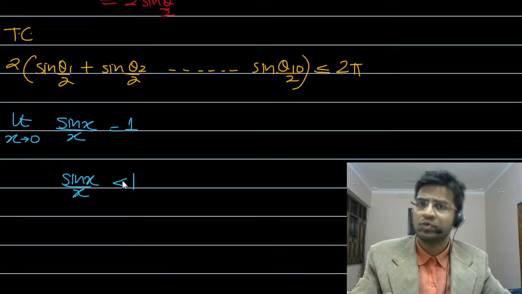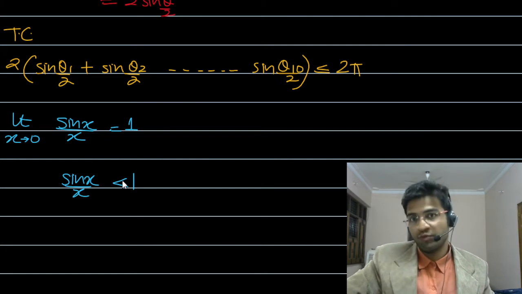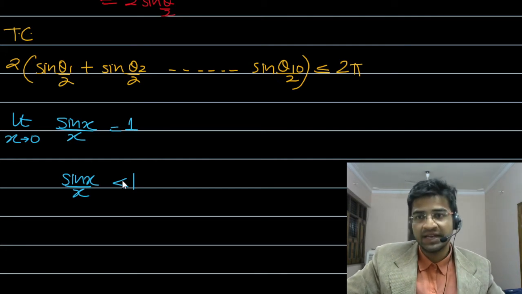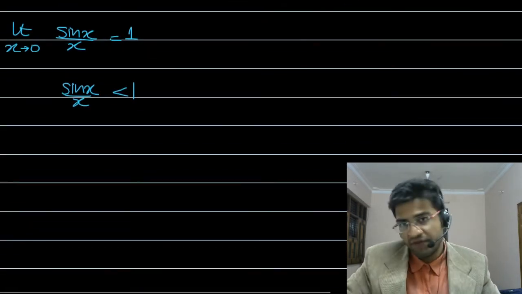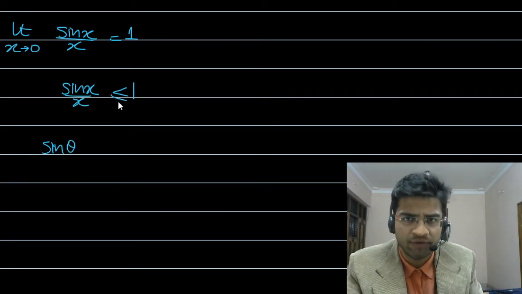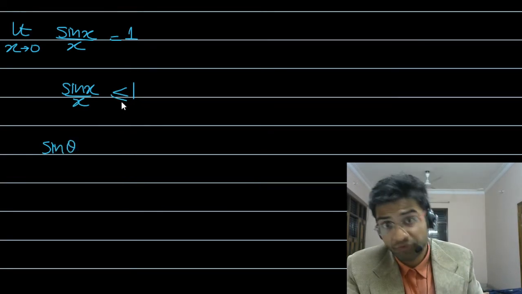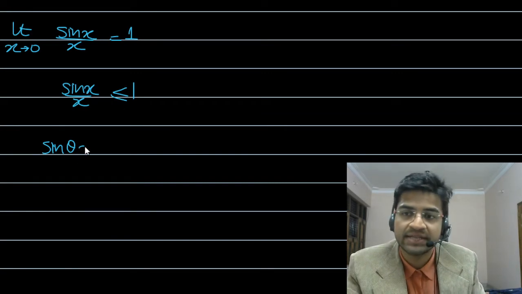It tends to reach 1, but it is in fact less than 1. And if it is so, can't we say that for any angle sine theta by 2 is less than or equal to 1, because it reaches 1 at x equal to 0?